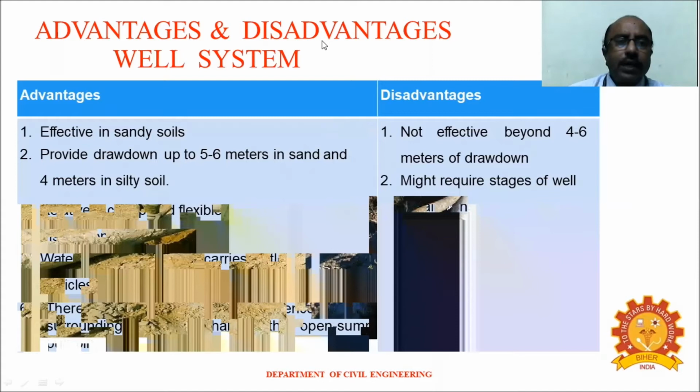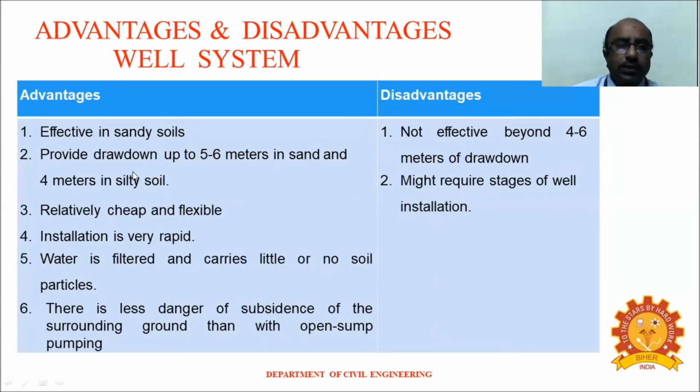Now, what are the advantages and disadvantages of this well system? The advantage is that it is very effective in sandy soils. It provides drawdown up to 4 to 6 meters in sand and 4 meters in silty soil.